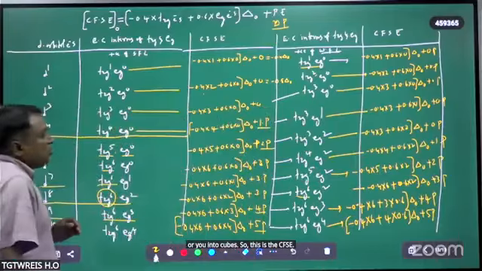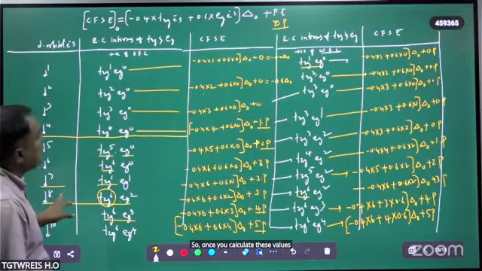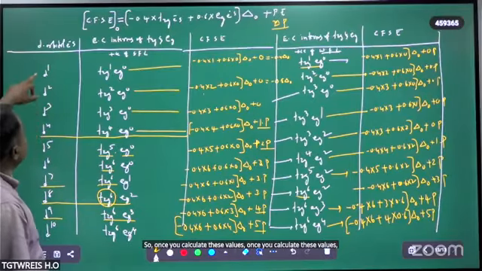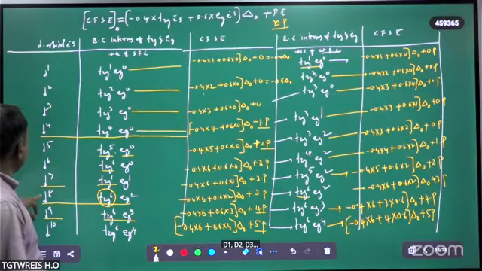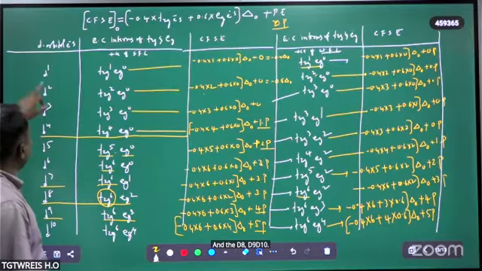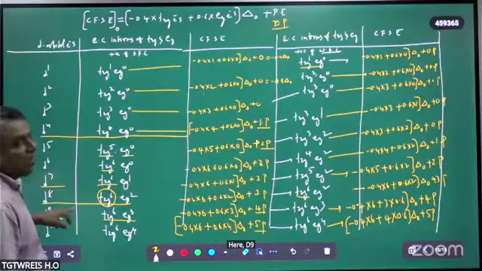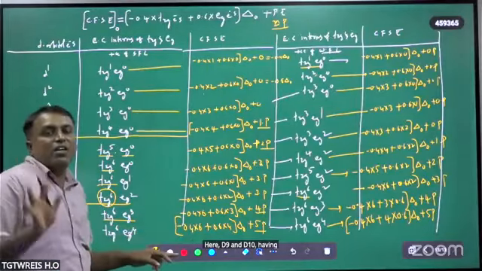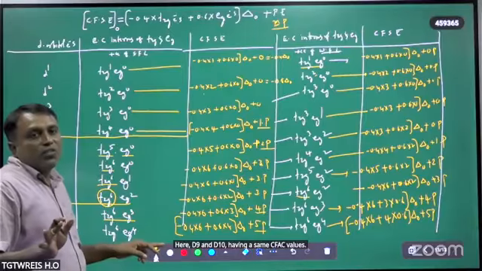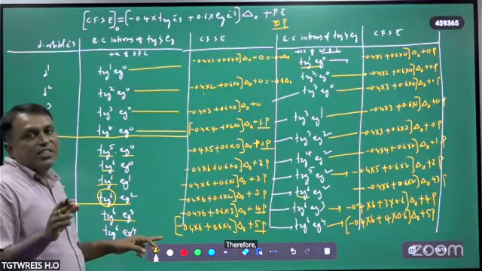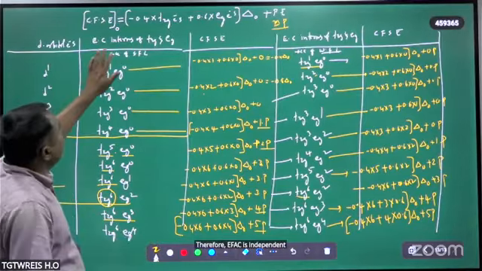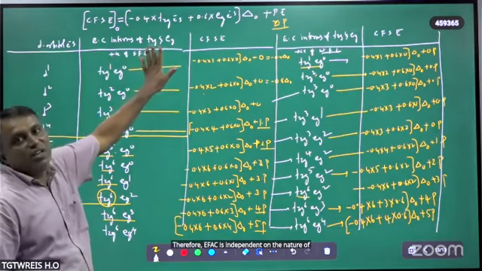So once you calculate these values for d1, d2, d3 and d8, d9, d10, they have the same CFSE values. Therefore, CFSE is independent of the nature of the field strength of the ligands in this case.